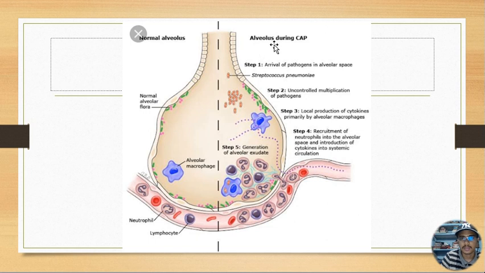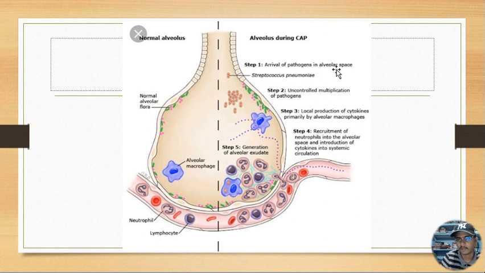What happens in community-acquired pneumonia is that a person aspirates Streptococcus pneumoniae, a pathogen causing pneumonia. It traverses through the bronchial pathways and enters into the alveoli, and in the alveoli it starts multiplying profoundly. There's uncontrolled multiplication of the pathogen in step 2.